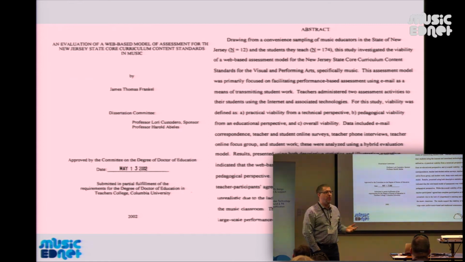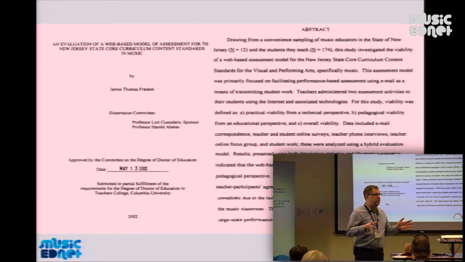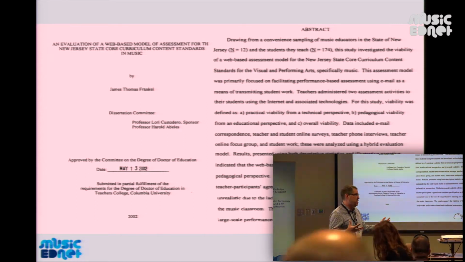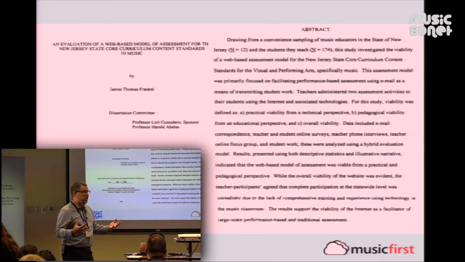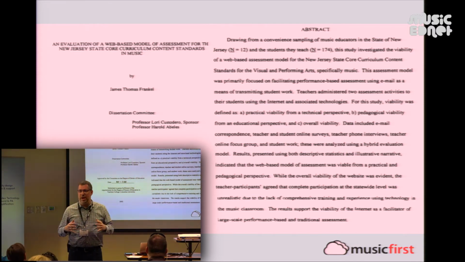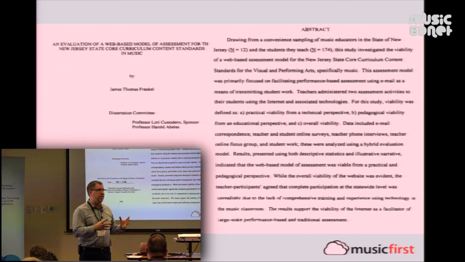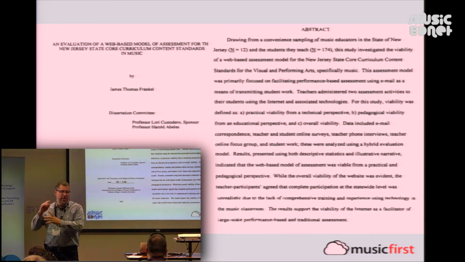And what I did was build a website in 2001 for kids all over the state of New Jersey to submit assessment examples. The reason is that the beautiful state of New Jersey decided they were going to evaluate the efficacy of all music teachers based on a single test that would be given to 4th grade, 8th grade, and 12th graders.